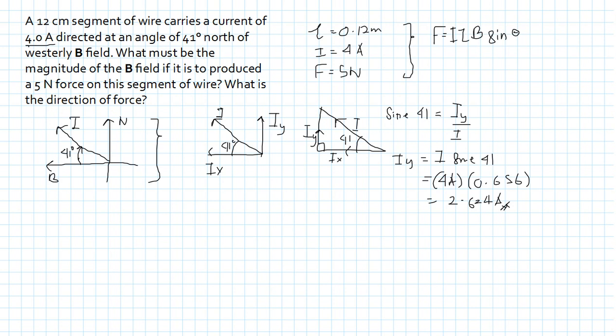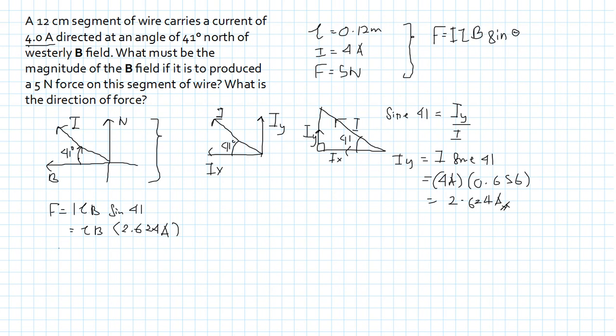So we have the remaining equation, which is F equals I L B sine 41. We have covered the I sine 41, so we have L and B still unknown. I sine 41 we have calculated, it's about 2.624 ampere. How about L? L is given and F is given.